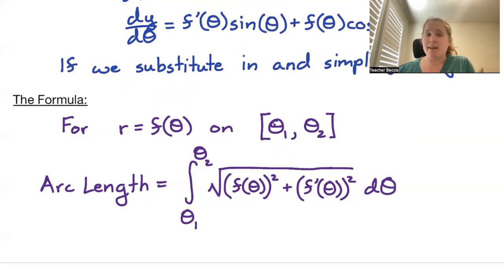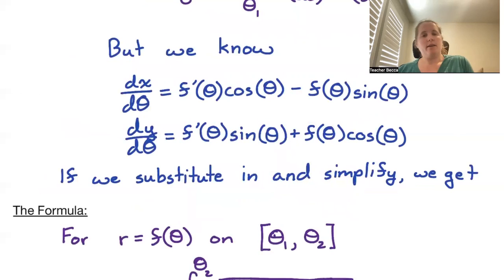So the reasoning behind this, we'll get an f prime squared times cosine squared and an f prime squared times sine squared from squaring the dx d theta and dy d theta. Cosine squared plus sine squared is of course 1, gives us just that f prime squared. We will also get an f squared times sine squared and an f squared times cosine squared.